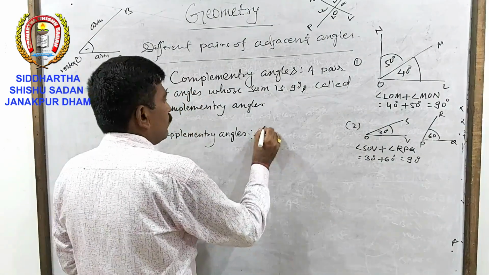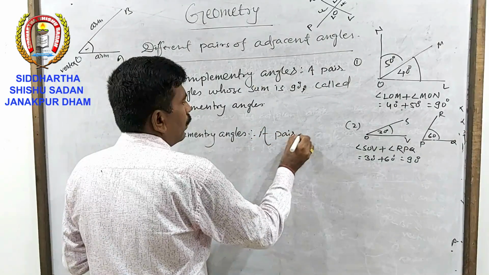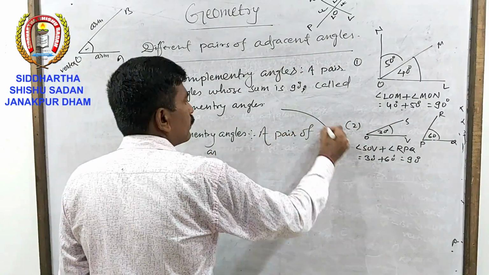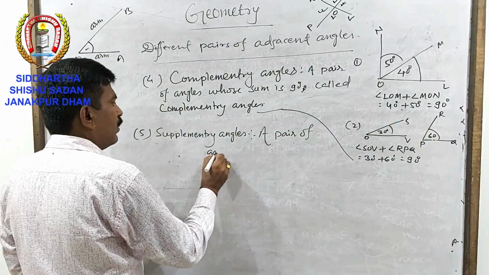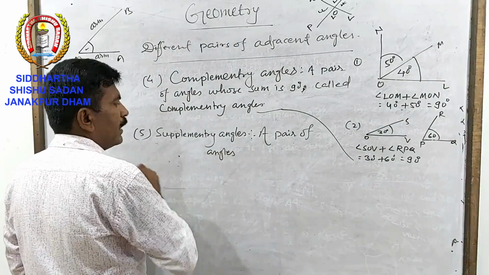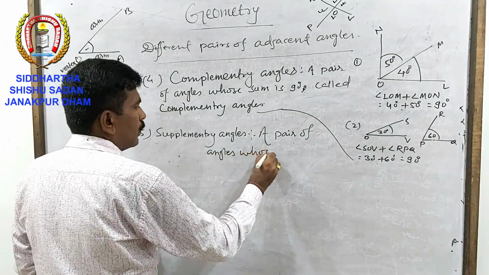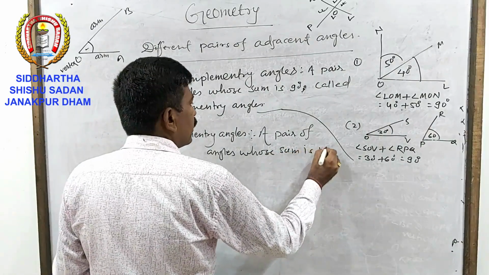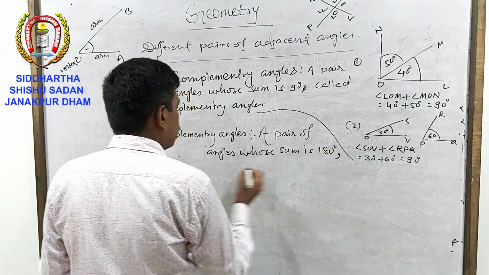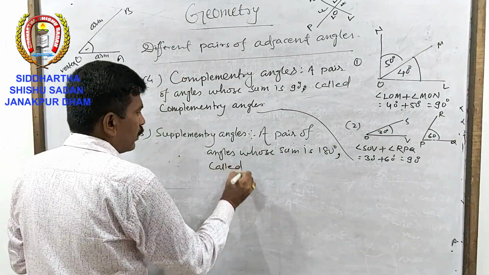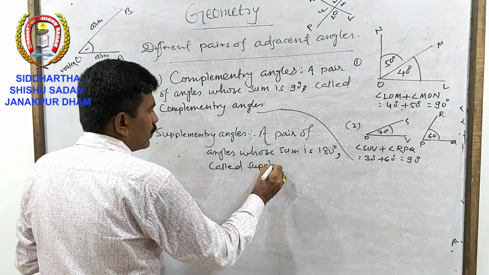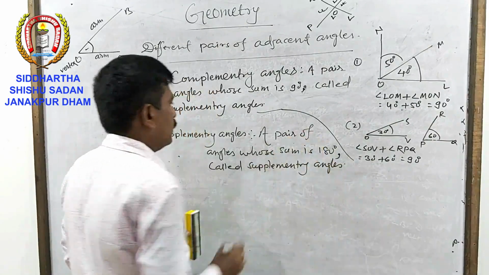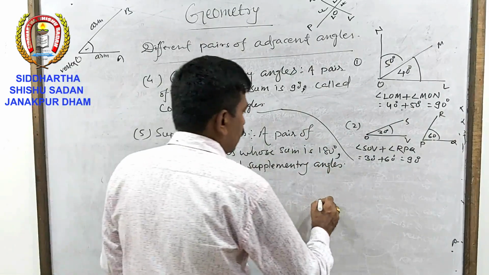Now a pair of angles whose sum is 180 degree are called supplementary angles. Now see the example. Let's see.